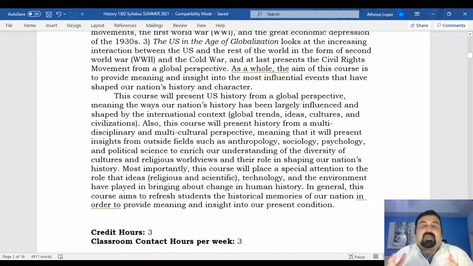So what does that mean? Well, there are new technologies that enable people to communicate with each other faster than ever. We're going to see the development not only of the telephone, but also the radio and television. Eventually, we're going to see the development of satellites and digital systems, the computer age, the digital age, the World Wide Web, and so on and so forth in the second half of the 20th century.